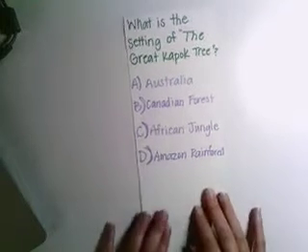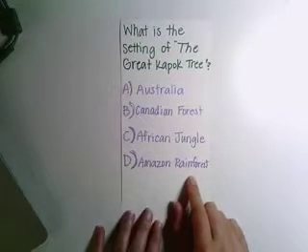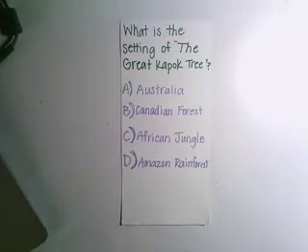Okay, the correct answer is D, the Amazon rainforest. The whole book, The Great Kapok Tree, was about the rainforest and saving the trees and the animals.